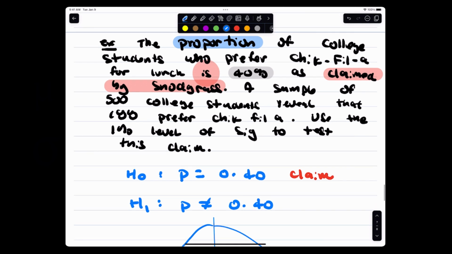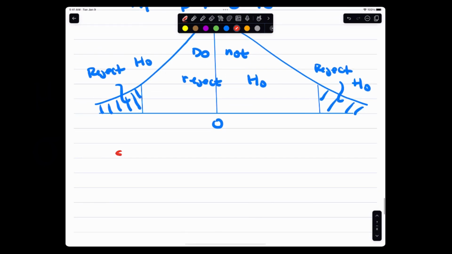Now, let's read further, because it says a sample of 500 college students reveal that 188 prefer Chick-fil-A. So just reading this tells you the sample size is 500, and your successes is 188. Is that right? So I might just write that down: sample size is 500, the number of successes is 188.